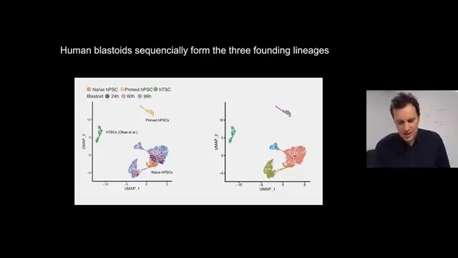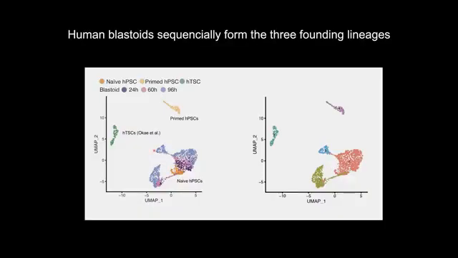And only in the second step, between 60 and 96 hours, the epiblast is producing a third cell type, that is an analog of the primitive endoderm. And this is the precise sequence of blastocyst development. Trophoblast first and primitive endoderm last. And this whole process happens within 96 hours, which is quite similar to the timing of human blastocyst development.